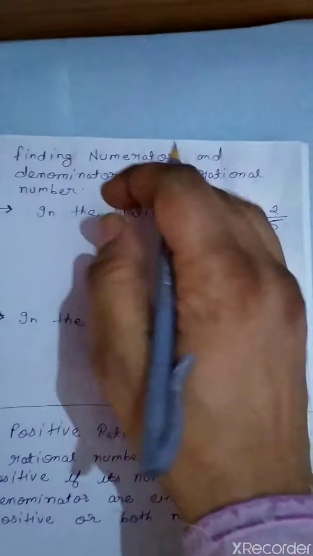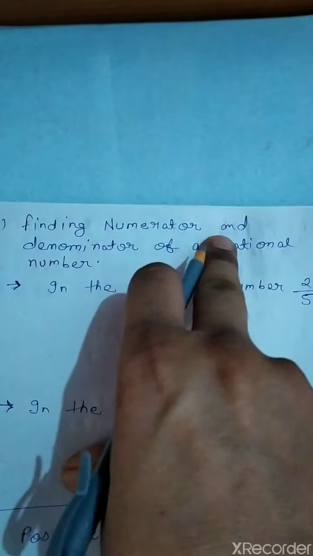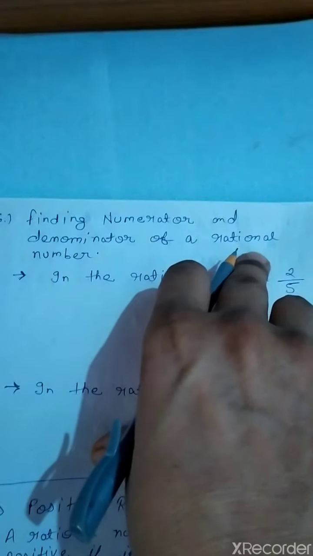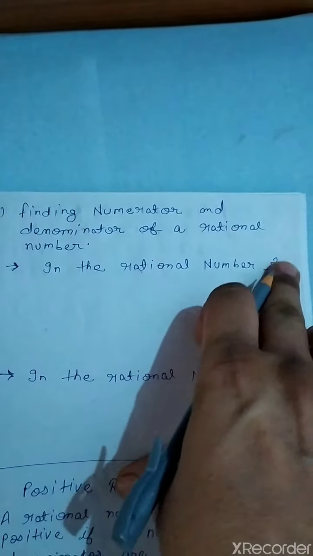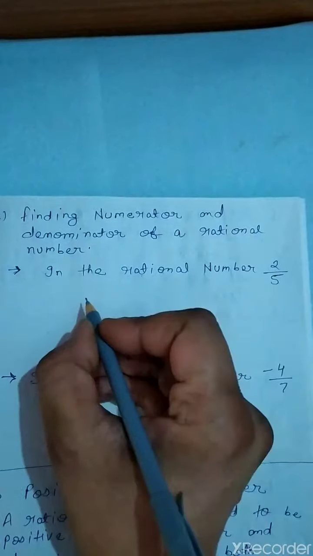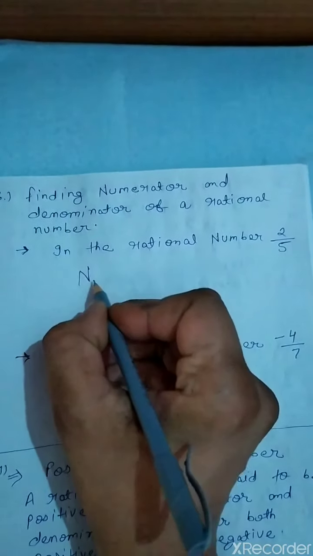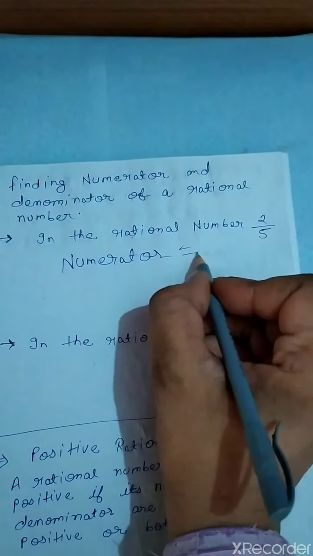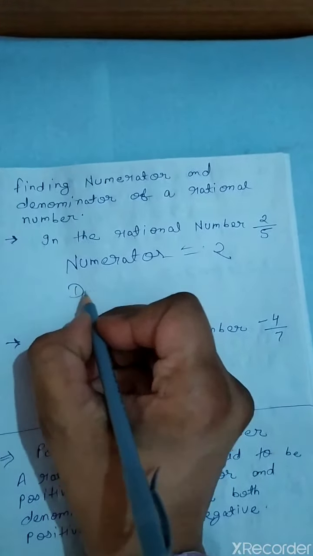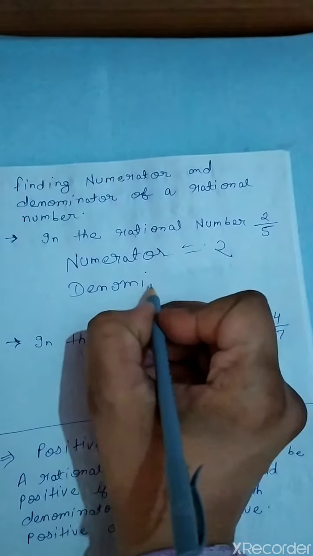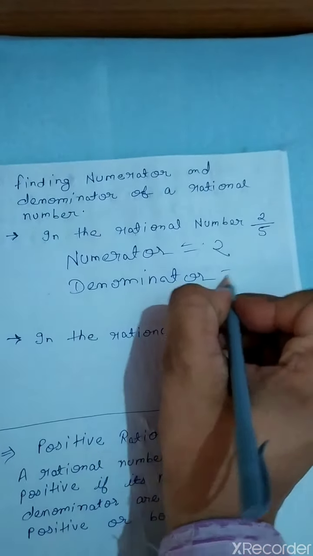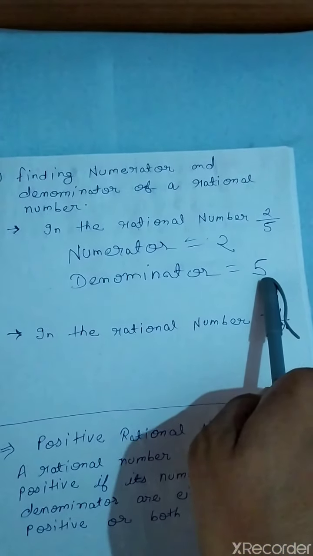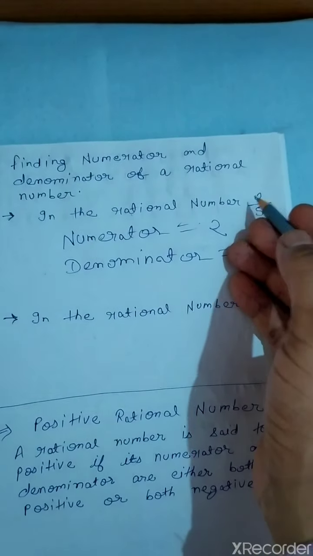Now I want to tell you about finding the numerator and denominator of a rational number. In the rational number 2 by 5, the numerator equals 2, and the denominator is 5. The upside number is the numerator and the downside number is the denominator, whatever the sign, positive or negative.